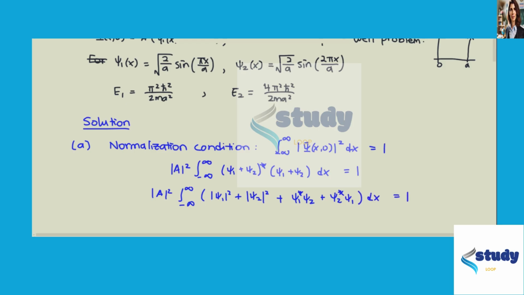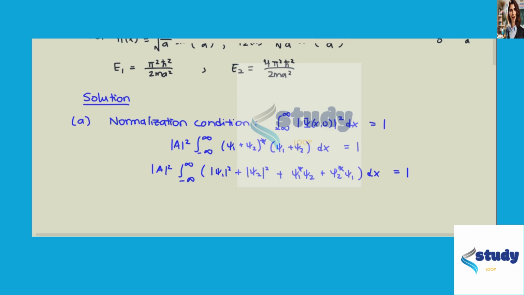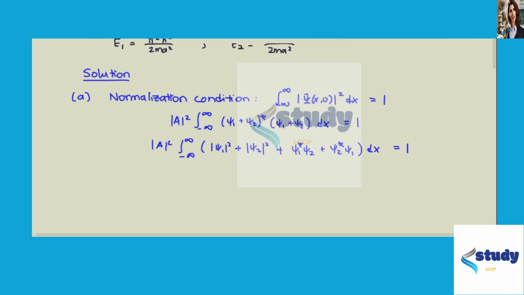Since all the functions are real, and all the energy eigenfunctions are normalized, the integral of mod psi 1 squared dx equals 1, and the integral of mod psi 2 squared dx is also equal to 1.